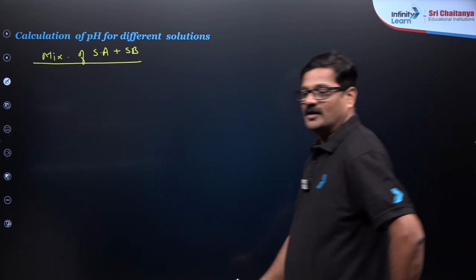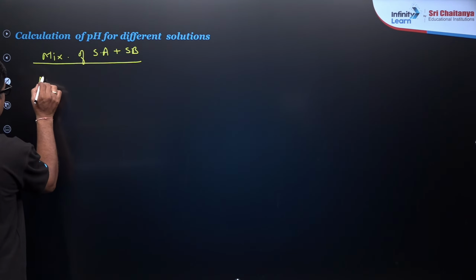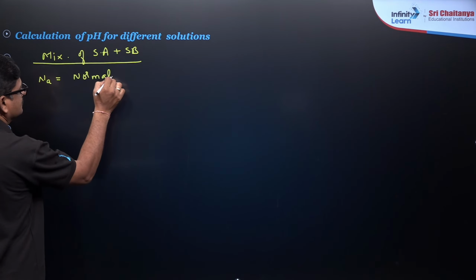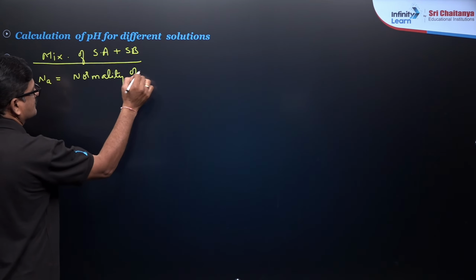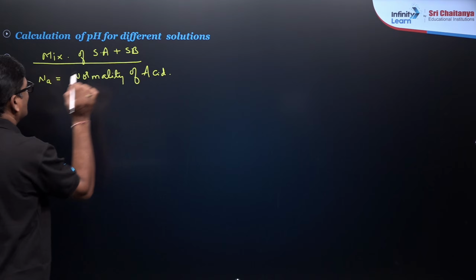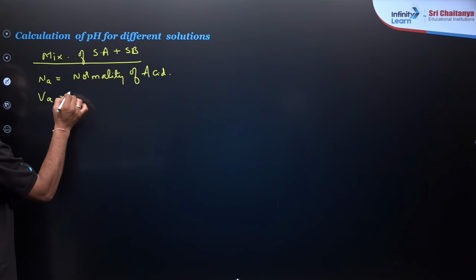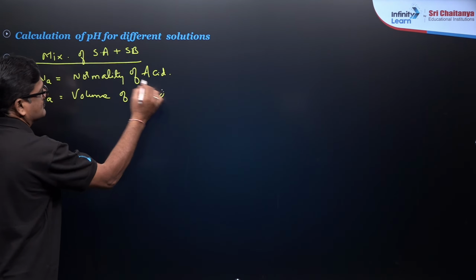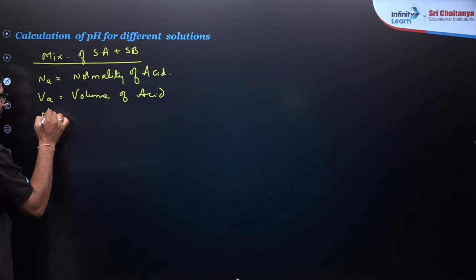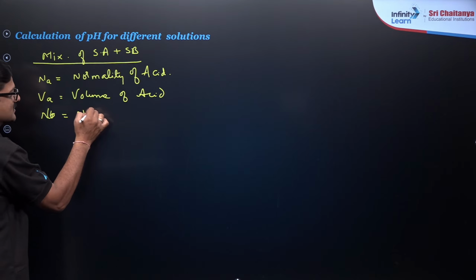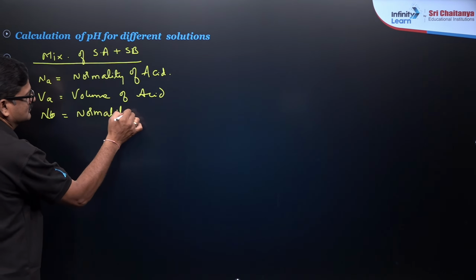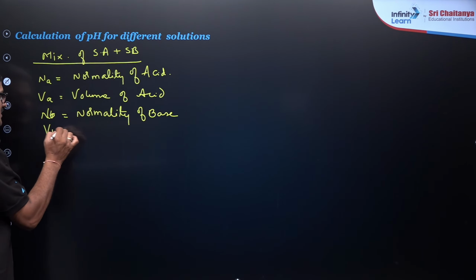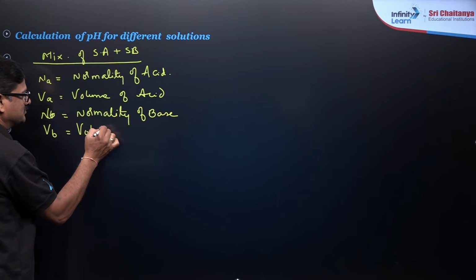So let Na be the normality of the acid, and Va the volume of the acid, and Nb the normality of the base, and Vb the volume of the base.